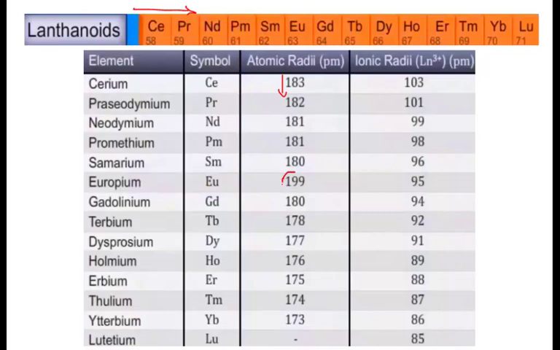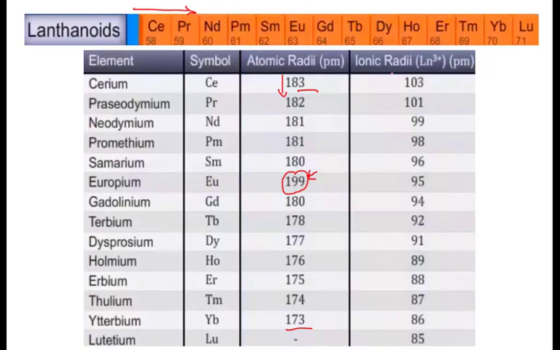There is one exception in the case of europium, basically due to its structure. The structural arrangement is such that its radii expands. Rest there is a gradual decrease, and this decrease is very small, just from 183 picometer to 173 picometer. Almost 14 elements are involved.